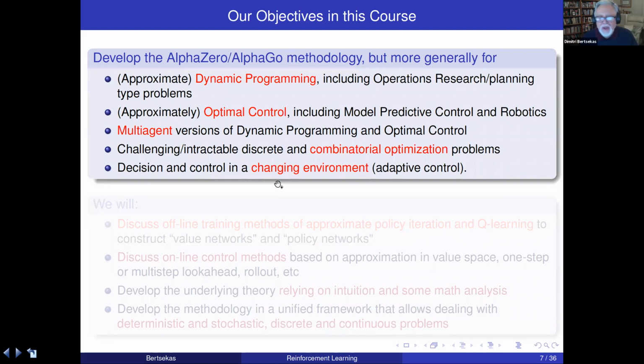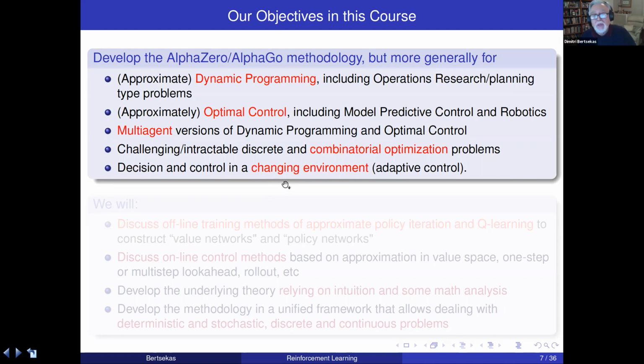This may surprise you, but the main thing that AlphaZero has going for it in the context of chess is that the rules of the game do not change. They're stable. You play today, it has the same rules as tomorrow, okay? So it's a stable environment.